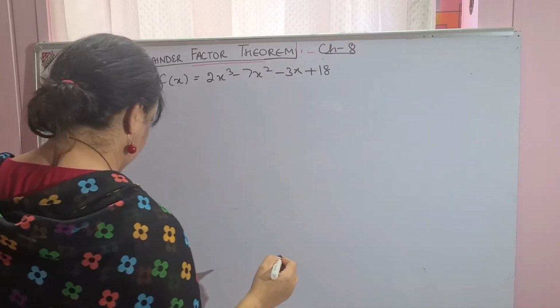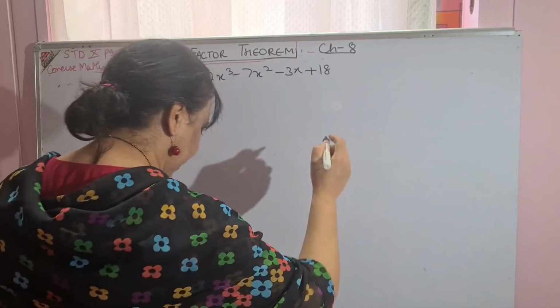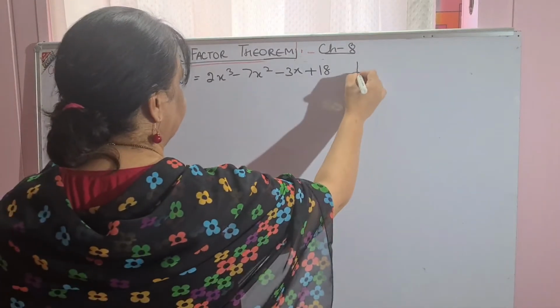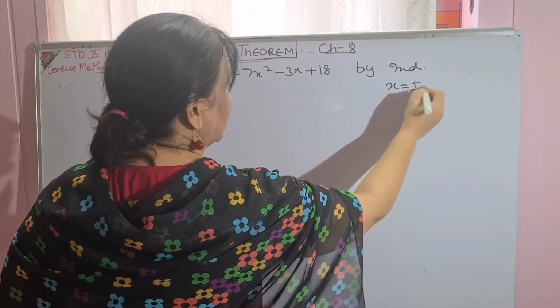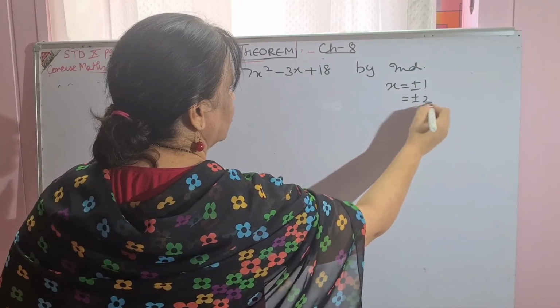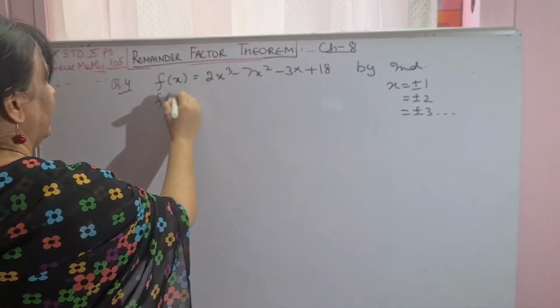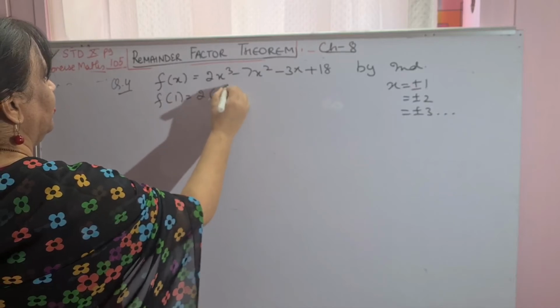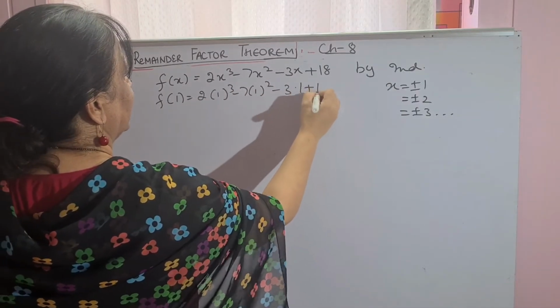Nothing has been given, so I have to go for induction. So by the induction method, x is either plus minus 1 or plus minus 2 or plus minus 3 and so on. So I'll start with 1. See, 2 into 1 cube minus 7 into 1 square minus 3 into 1 plus 18.